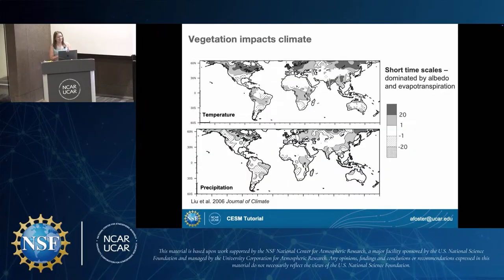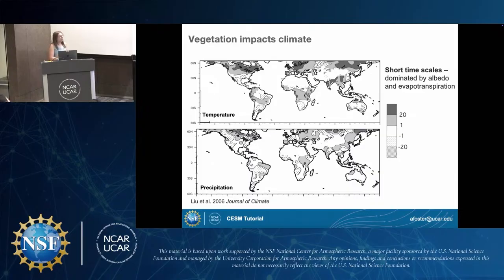Vegetation impacts climate. This is a map by Liu et al. looking at the feedback of observed photosynthesis from satellites on temperature and precipitation. The map shows the fraction of the monthly variance in temperature or precip that's due to feedback from vegetation. So the darker colors indicate stronger feedback.